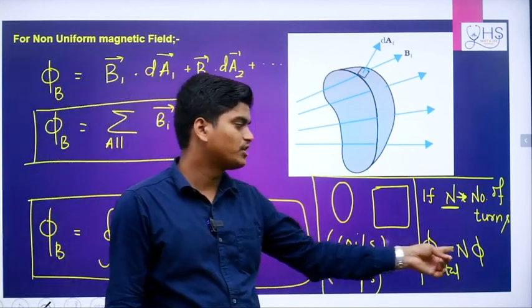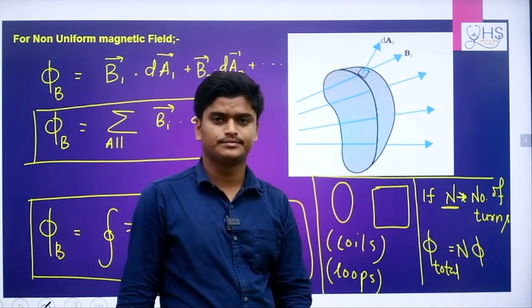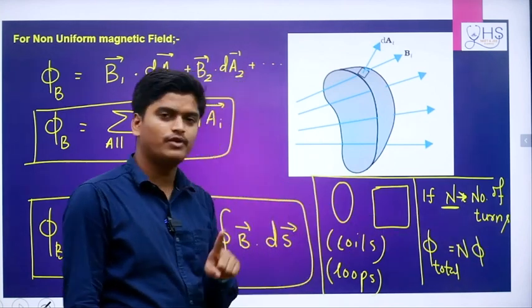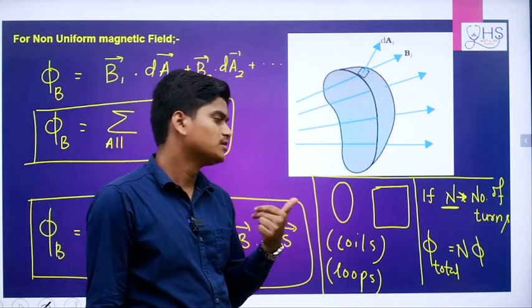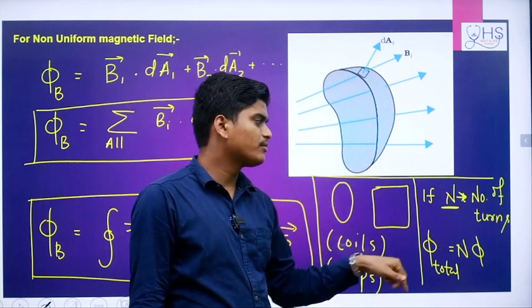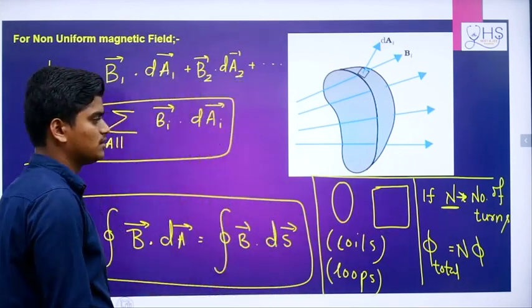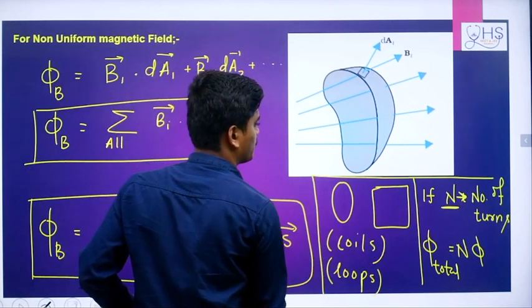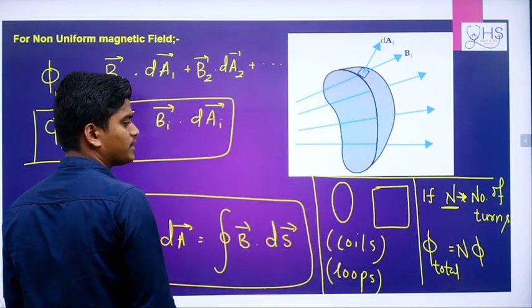So directly you can multiply. So total magnetic flux equals N into phi. Due to one coil you find phi, and if that phi is BA or BA cos theta, whatever it is, then you do it like that. If many coils are there, that number of turns is basically n, and the total flux will be n phi. Simply you can add. Okay.